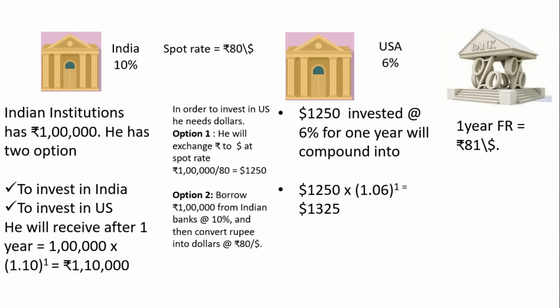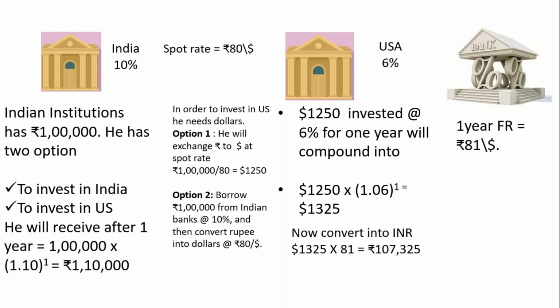This is for sure that he is going to get $1,325, and it is also very sure that the dollar will be multiplied by the exchange rate, that is the forward rate, which is already decided today, because it's a forward rate that he has already locked with a bank. So for sure he is going to get 107,325 Indian rupees.